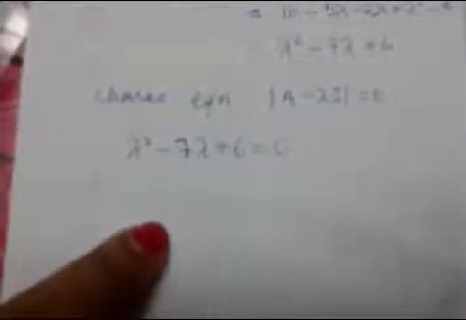Minus minus becomes plus, and minus 4. We rearrange it and it becomes lambda square minus 7 lambda plus 6. This is the determinant of matrix A minus lambda I, and our characteristic equation is lambda square minus 7 lambda plus 6 equal to 0.